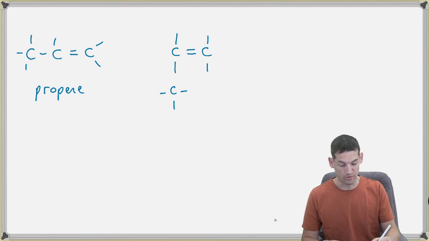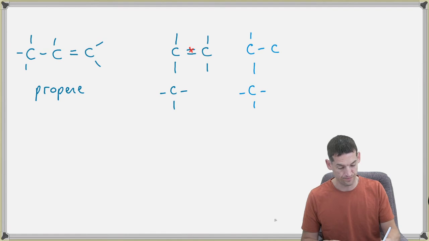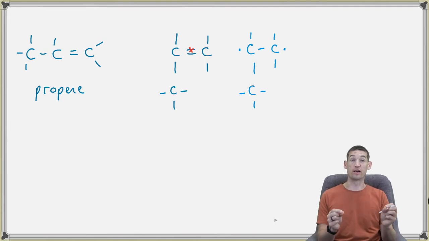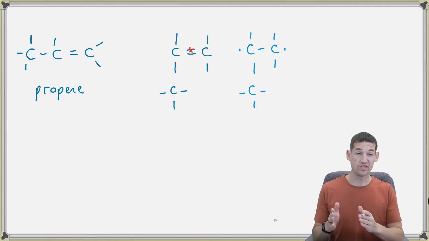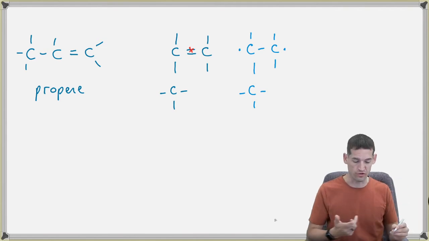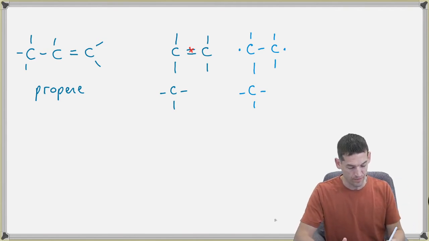Remember, then at that point, we break that double bond to create a single bond, like this. And it would have those spare electrons like that. And then essentially you're just going to have that thing repeated over and over and over. You're just going to attach it together. So here's one of them.